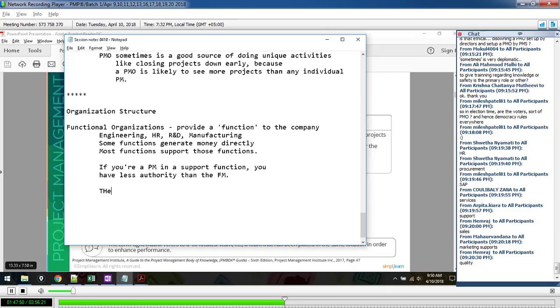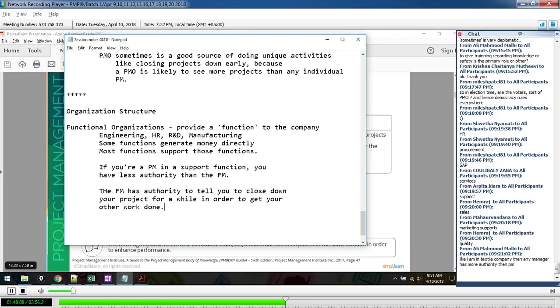And the functional manager has authority to tell you to close down your project for a while in order to get your other work done, right? Projects are not, see, this is it. Exactly, okay? Now, we'll talk more about this, okay?